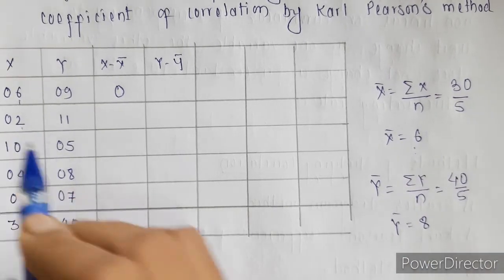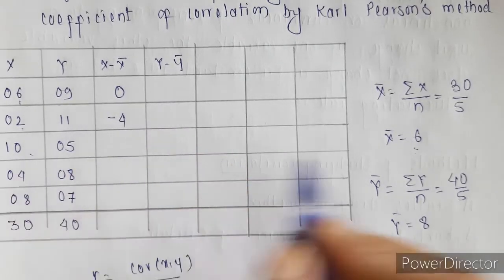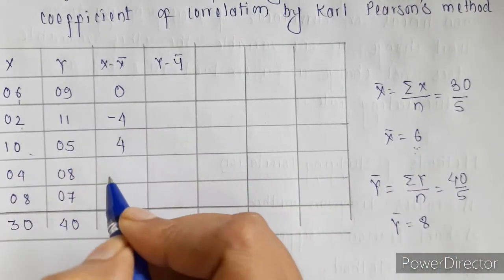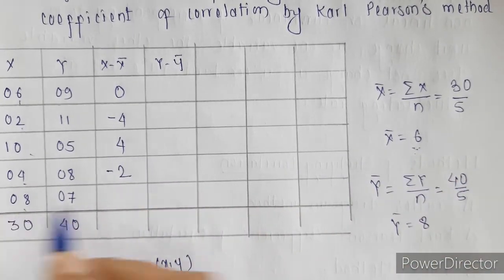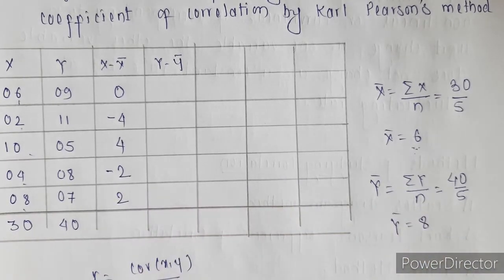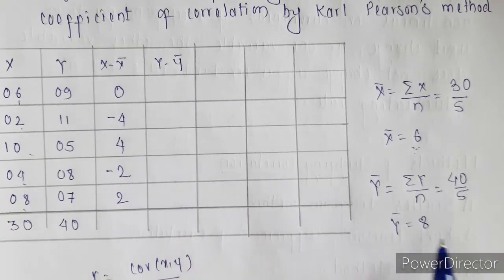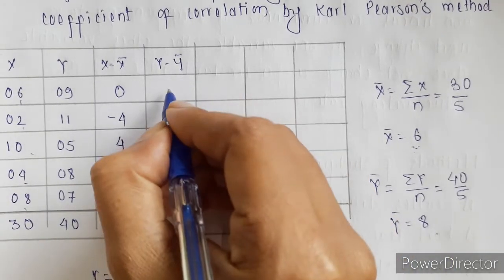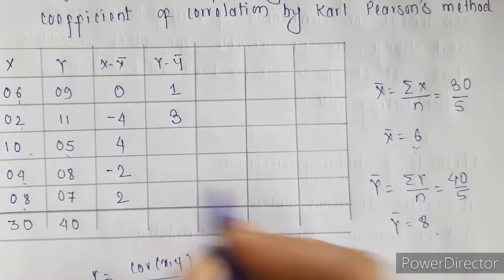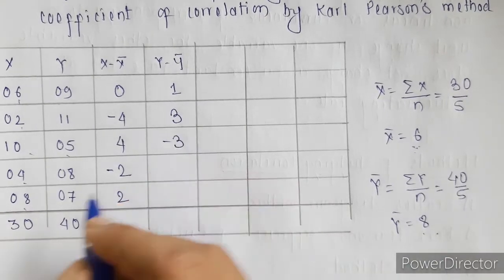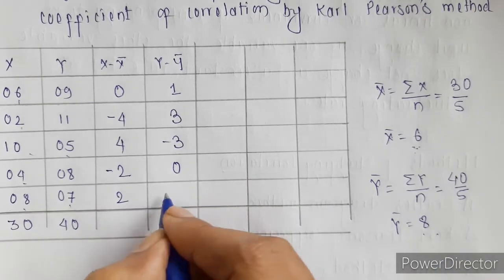Next is 2 minus 6, which is minus 4; 10 minus 6 is plus 4; 4 minus 6 is minus 2; and 8 minus 6 is plus 2. Next, y minus y bar: 9 minus 8 is 1, 11 minus 8 is 3, 5 minus 8 is minus 3, 8 minus 8 is 0, and the last one is 7 minus 8, that is minus 1.